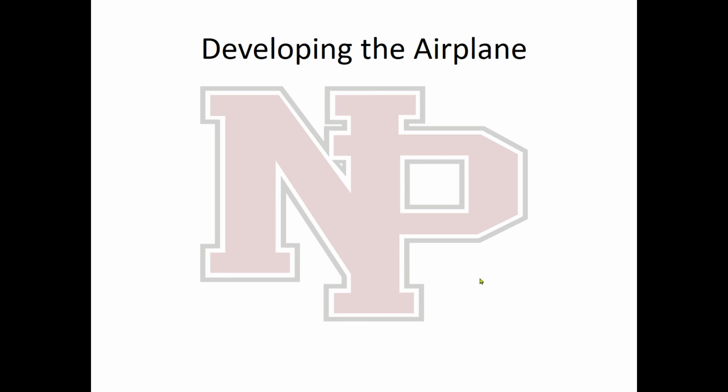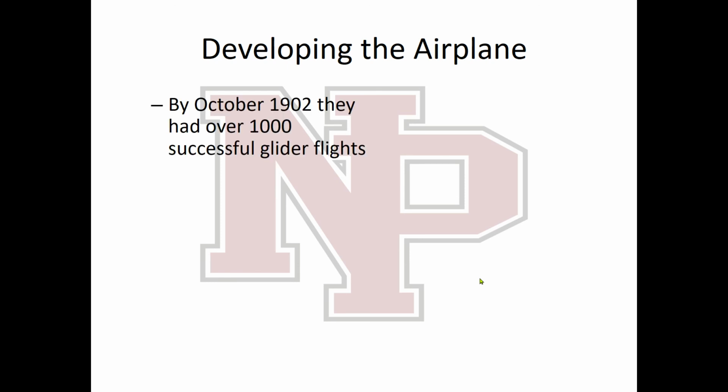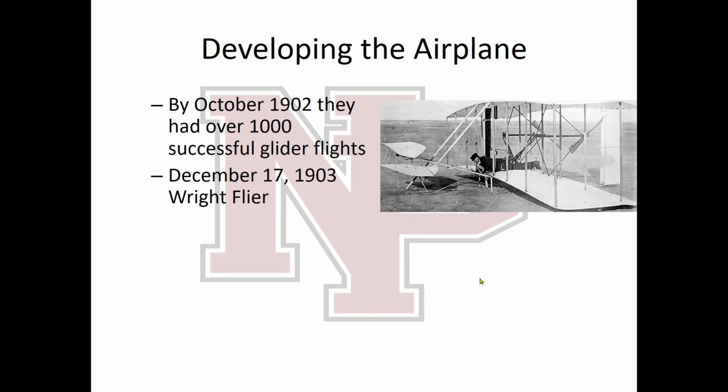Okay, so by October of 1902, now keep in mind, look at these dates and remember the dates from Langley. By October 1902, they had over 1,000 successful glider flights. On December 17th, okay, what was Langley's flight?